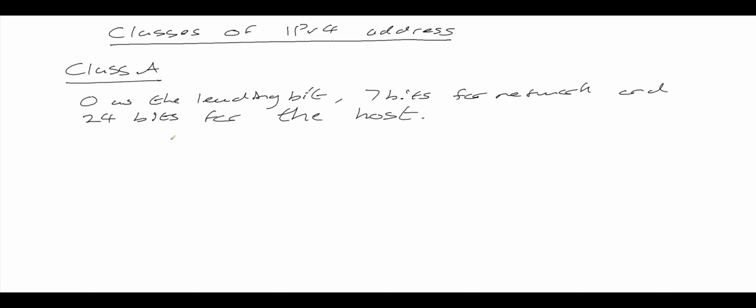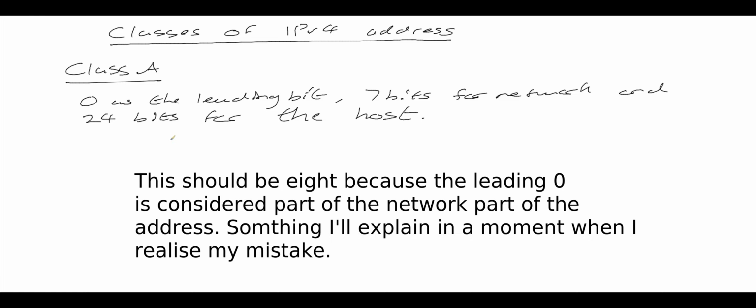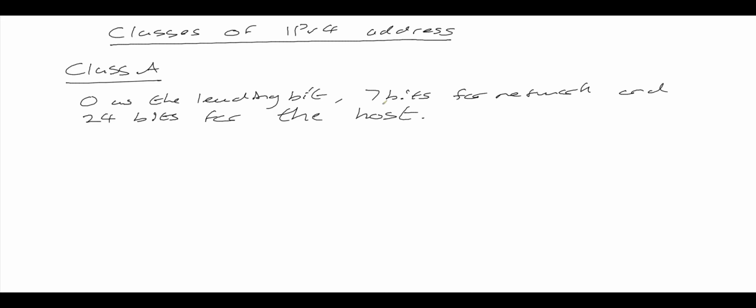Okay, so with Class A addresses, 0 is always the leading bit. 7 bits are used for the network part of the address, and 24 bits are used for the host part of the address. And what that means is that because 7 bits are used for the network part of the address, I can have 2 to the 7 networks, which is 128 networks using Class A addresses.